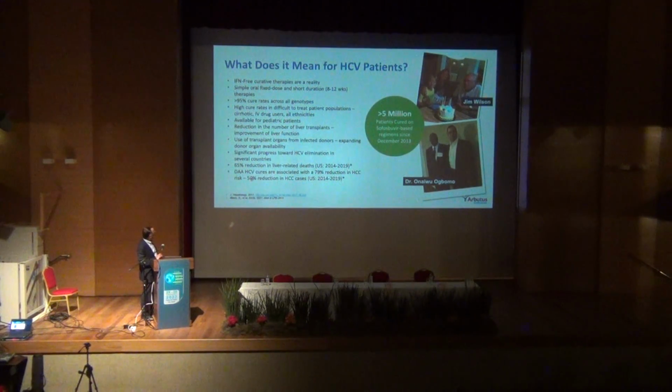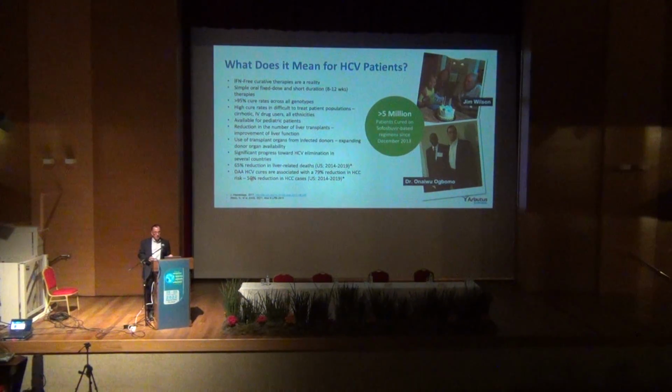It's also resulted in significant progress toward HCV elimination in a number of countries. So the countries of Georgia, the UK, Canada, even Australia, a number of countries have now moved very rapidly to use these drug combinations to ultimately achieve cures in their patient populations that have high incidence of HCV.